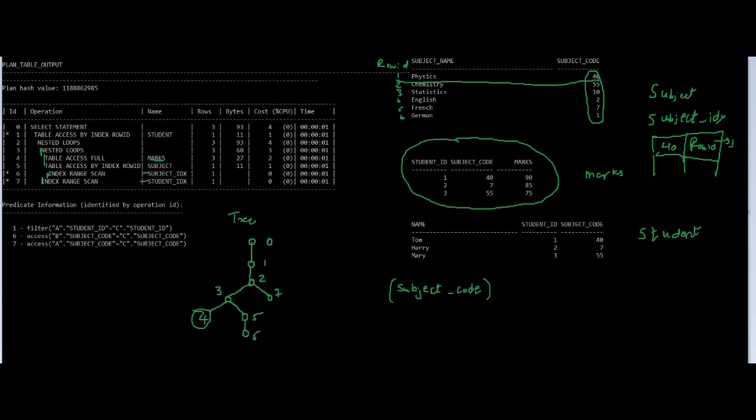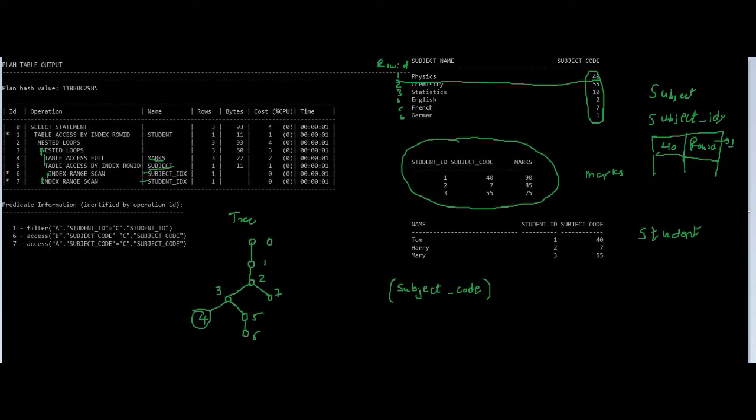So that's why you can see here first the subject IDX is being used, which contains the subject code, and then since we are interested in subject name, it is accessing the subject table with the help of row ID.